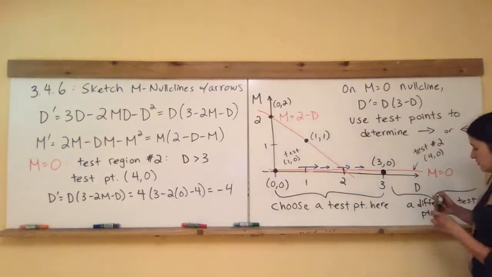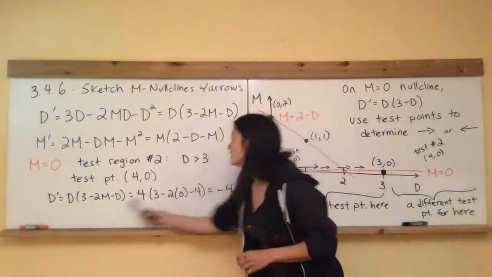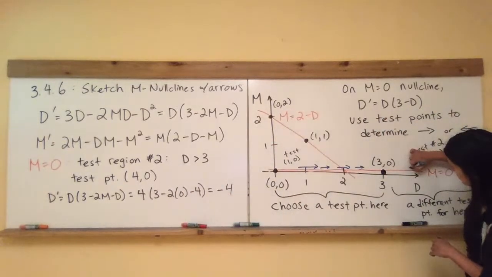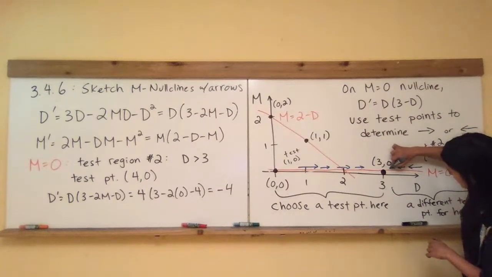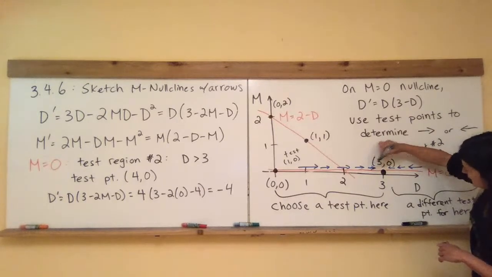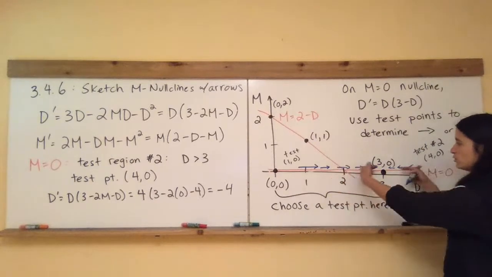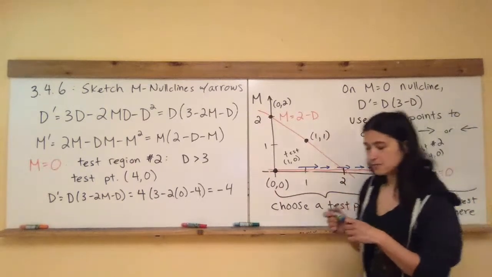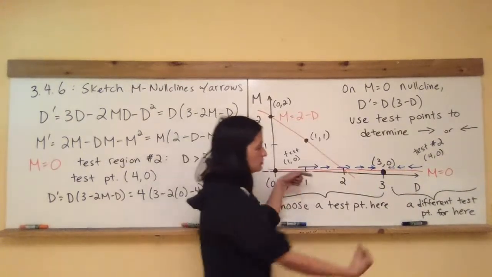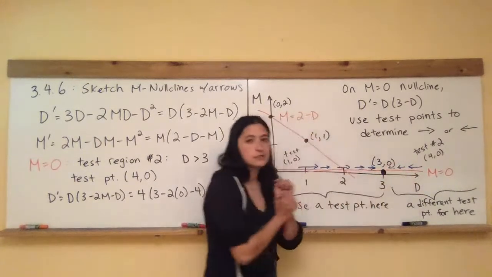This is going to be true for any test point that I choose in the region where d is greater than 3 and m is equal to 0: pointing to the left, to the left, to the left. This one is to the right, that one is to the left, and right here is going to be 0. So you can see that the forces are pointing towards 3 comma 0, and that tells me there's at least one dimension of stability in this fixed point, because things are going towards it. It's an attractor, at least along the m nullcline.